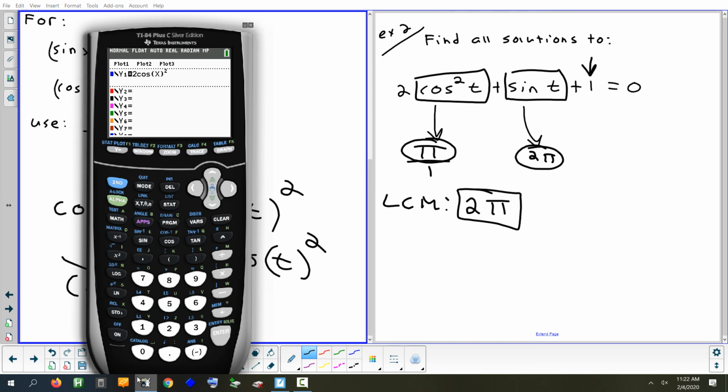Okay, so 2 cosine x squared plus sine x plus 1. Okay. Now, make sure you set your window to be 1 cycle. We know that this graph has a cycle of 2 pi. That was the LCM. Let's leave it at -5 to 5. If that's not good enough, we'll fix it.